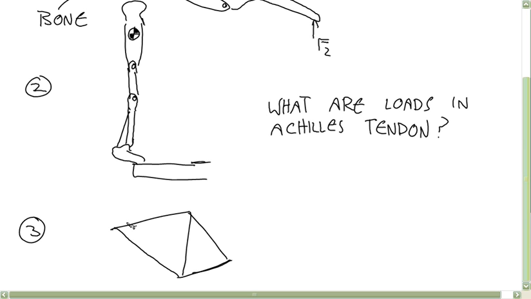And this frame is loaded by some force here coming from the fork, some force here coming from the handlebars, some force here coming from the seat, pedals, F3, and the back wheel.